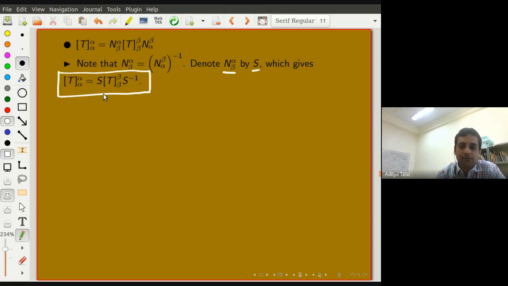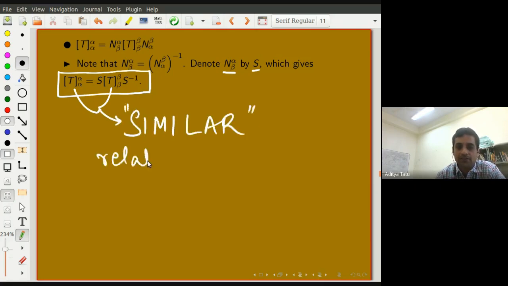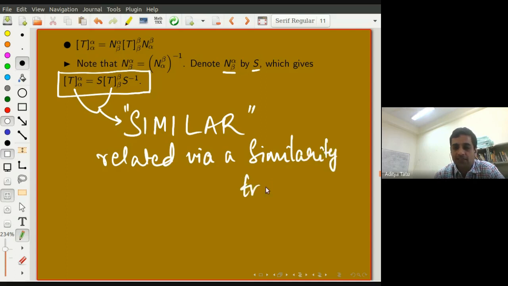When we have two matrices related in this particular way by some matrix S which is invertible, we say these two matrices are similar, or related via a similarity transformation.